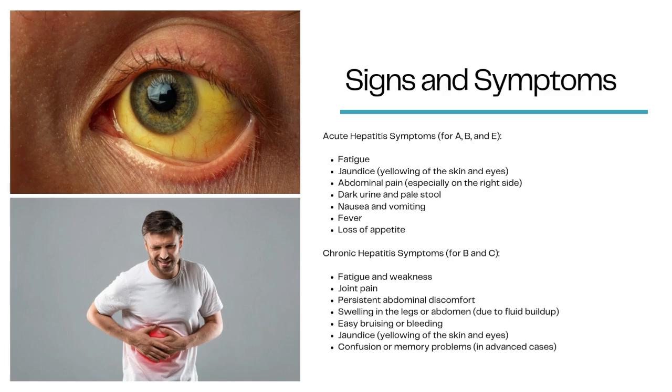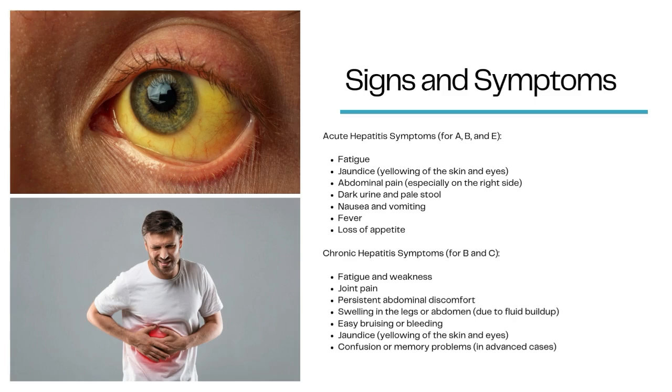On the other hand, chronic hepatitis, which is typically associated with hepatitis B and C, can be much more insidious. Many people with chronic hepatitis may not exhibit any symptoms for years, allowing the virus to cause silent but progressive damage to the liver. When symptoms do appear, they often include persistent fatigue, weakness, joint pain, and ongoing abdominal discomfort.